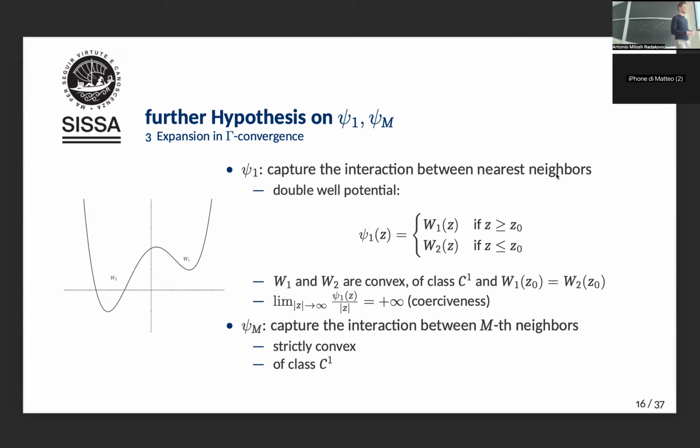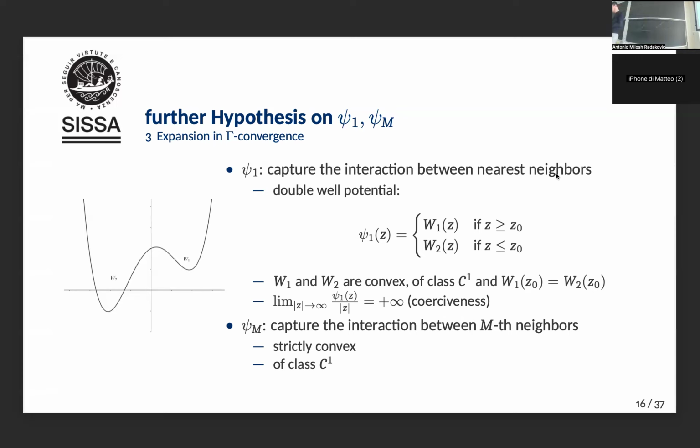The convexity is a requirement to achieve a better structure for psi of L and psi-star-star. And as well, we will assume psi-m to be strictly convex.